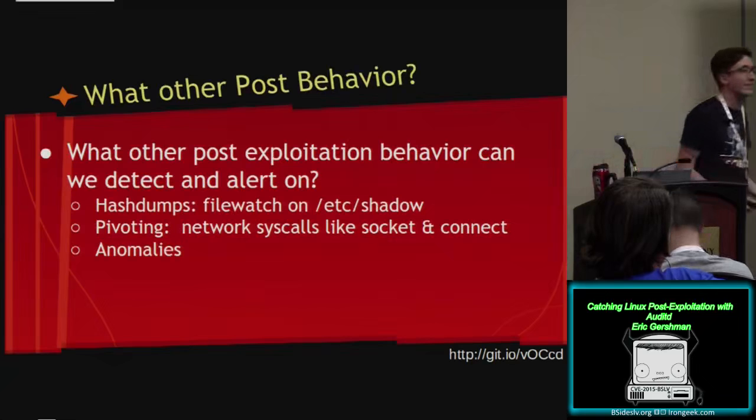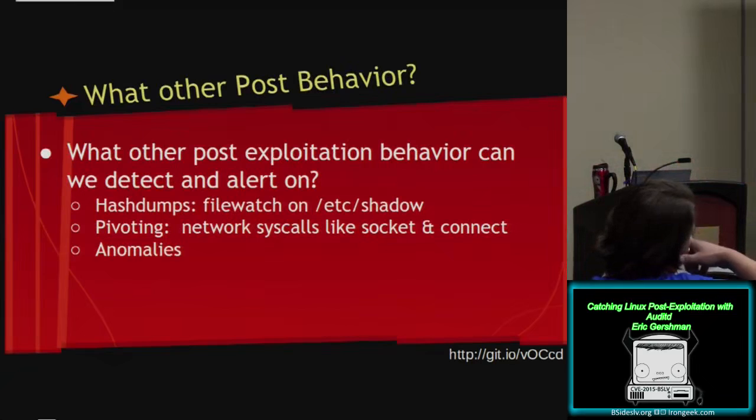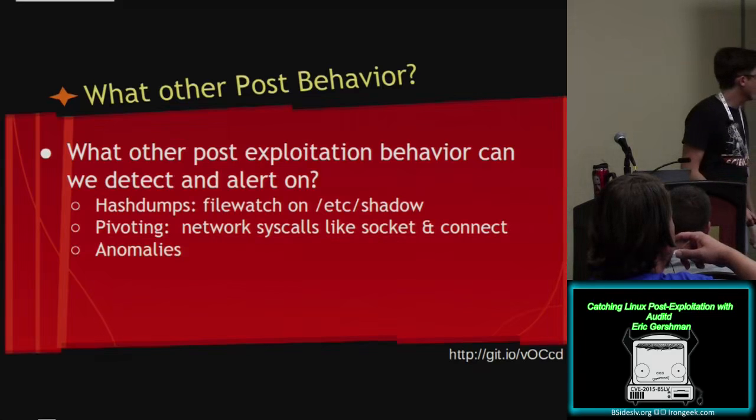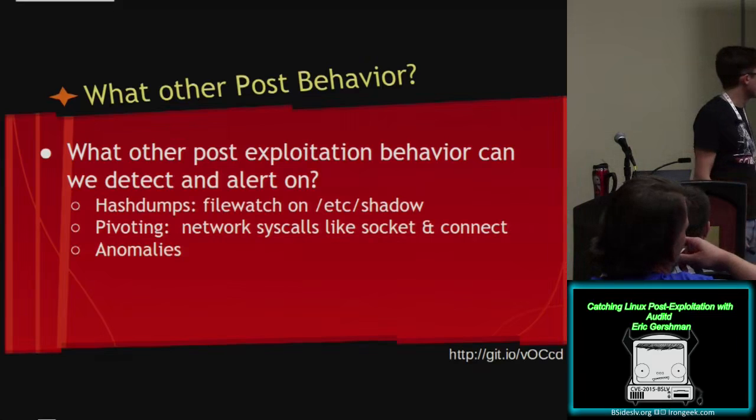You may also be asking, what about other post-exploitation behavior? What else can we detect on? So we could try to detect hash dumps by creating file watch rules on /etc/shadow and /etc/passwd. We could also try to detect pivoting behavior by monitoring network syscalls like socket and connect. But that can get very verbose and a little troublesome.